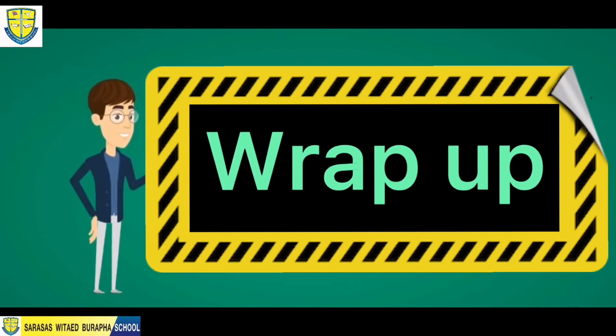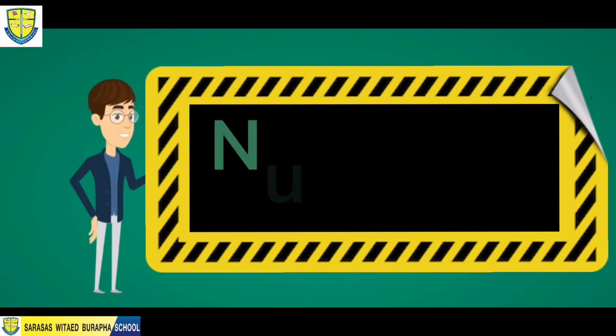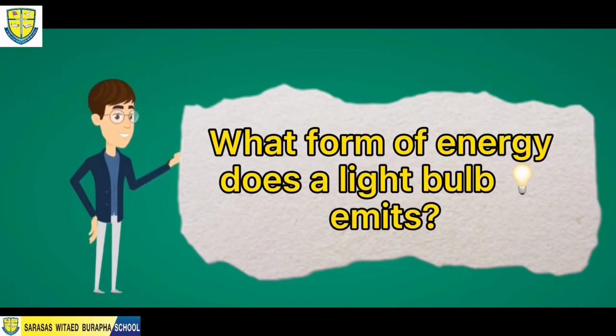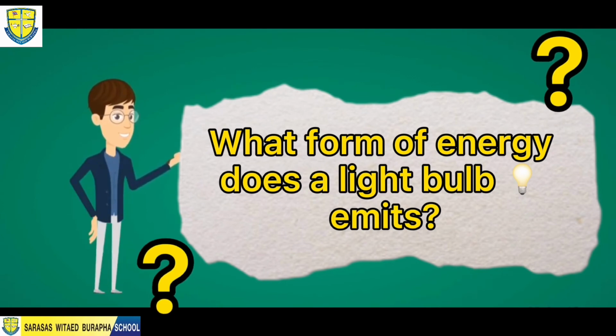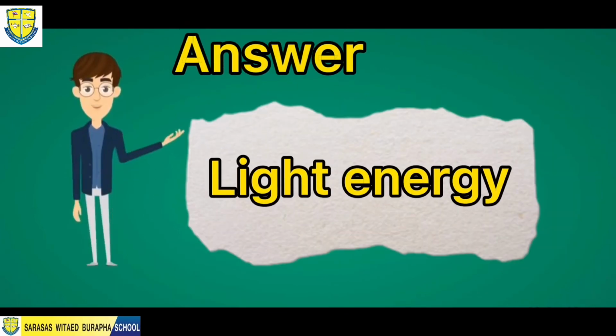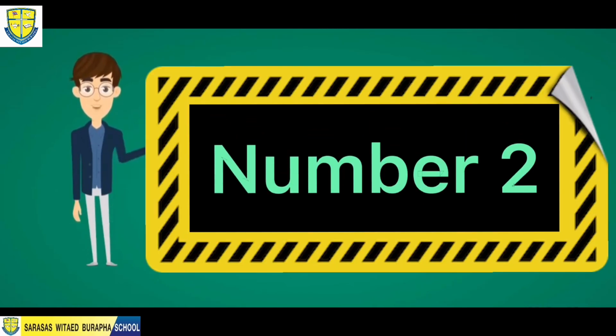Let's do our wrap-ups. Number 1. What form of energy does a light bulb emit? Do you have any idea? And if your answer is light energy, your answer is correct. Number 2.